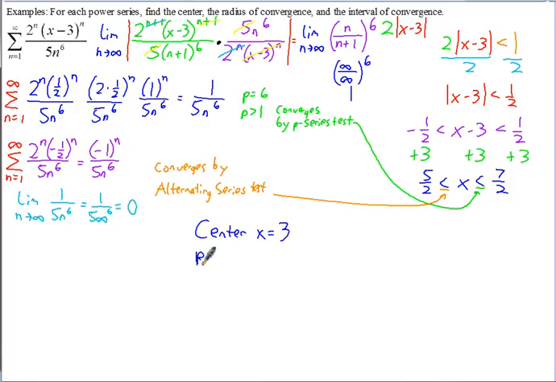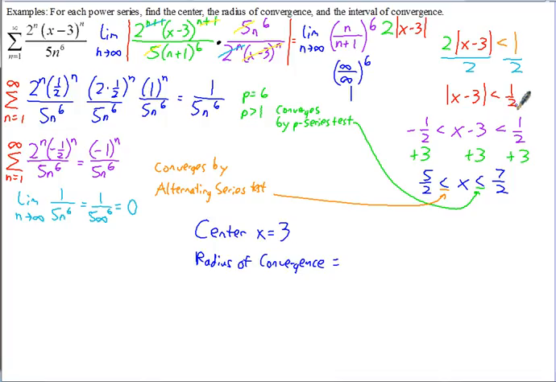And then your radius of convergence would be, from 3, or 6 over 2, a half each direction. The radius of convergence comes from what that number is when the absolute value is isolated.